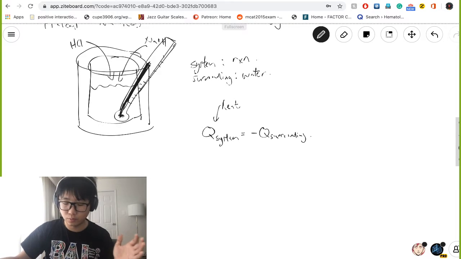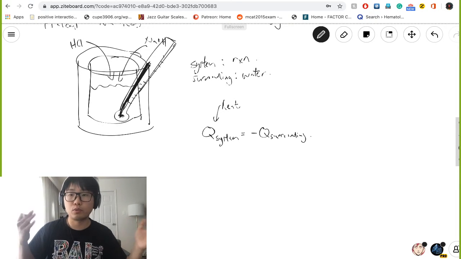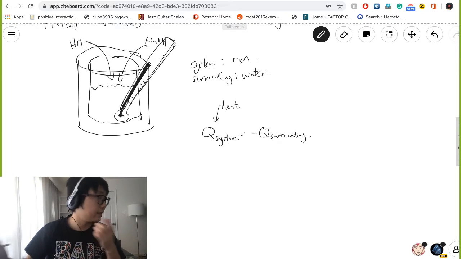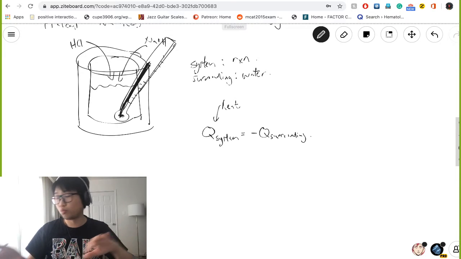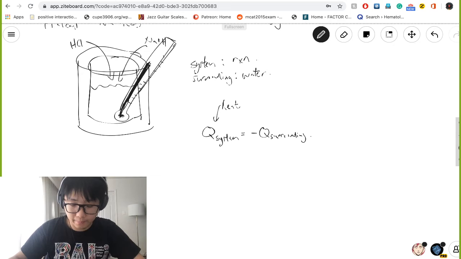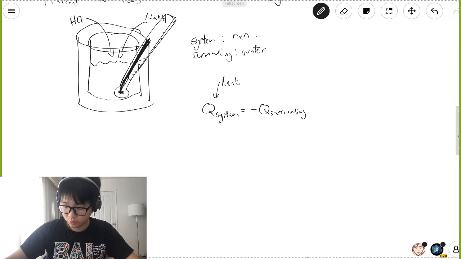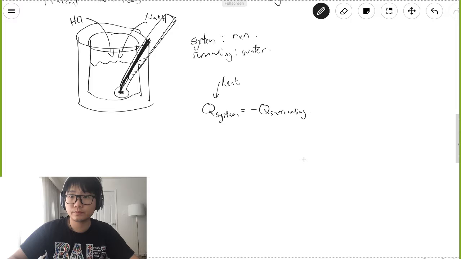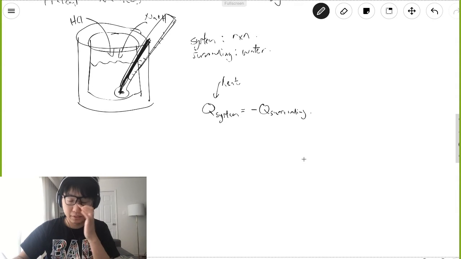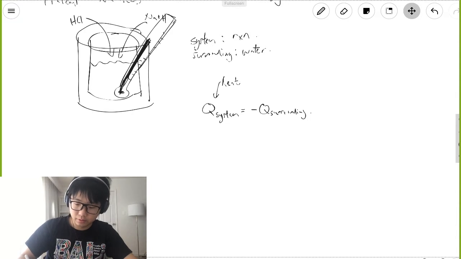So whatever the heat transfer is, system and surrounding always have opposite signs, indicating that one is absorbing and one is releasing. Of course, we can assume in a lot of these calculation cases that no heat is lost, which is actually a pretty hard approximation, because there's usually some amount of energy lost. Usually for our calculations, a lot of the calculation we do is pretty theoretical.